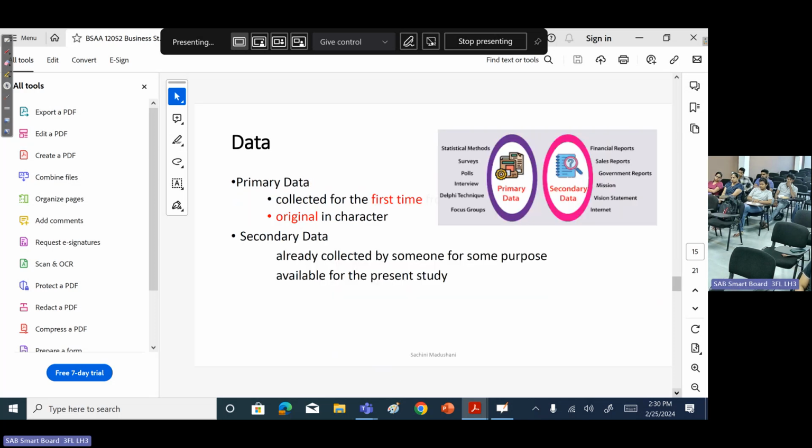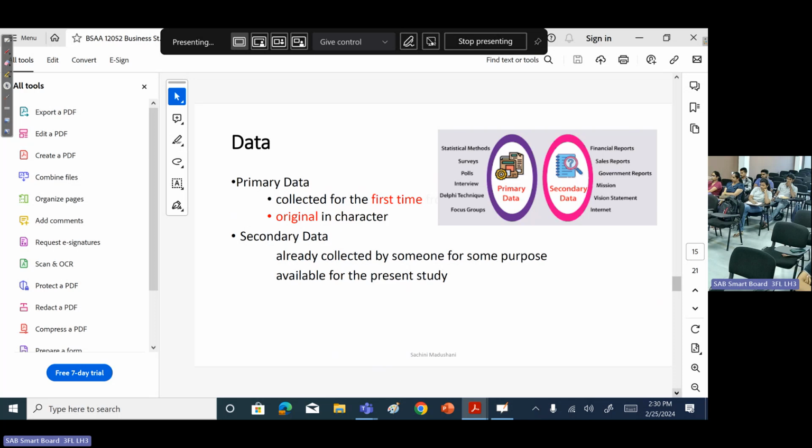Then we move into the data. Data is a very important thing in the statistics subject. Okay, then what is the input in the statistical process? Data. Then this kind of data can be divided into two categories: primary data and secondary data.